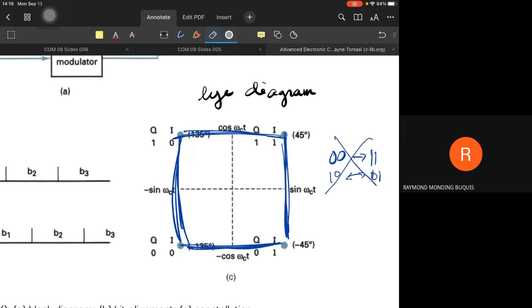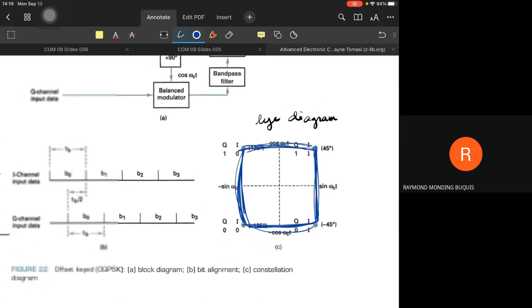Once we introduce a 1/2 bit delay, no? Ang mga transition sa states dili na lang gyud may tabo, no? Ma-restrict na sila sa ing-ani nga mga positions. Okay?